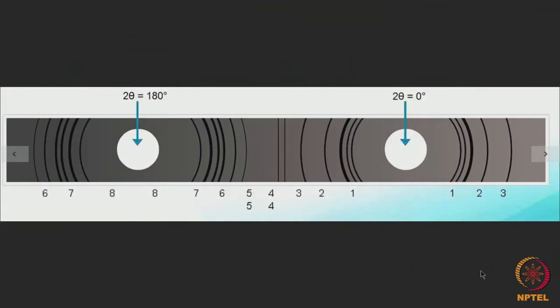Let us now go to a third case. Say we have got a diffraction pattern for an unknown material here. Now, the first step is to measure the 2θ values for each line pair as we did before.